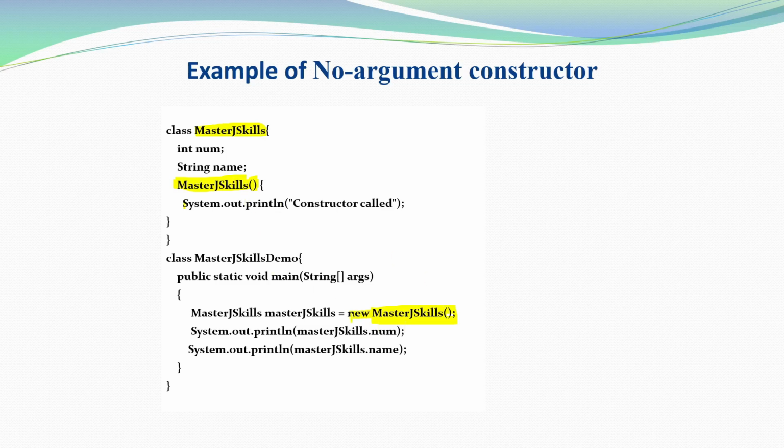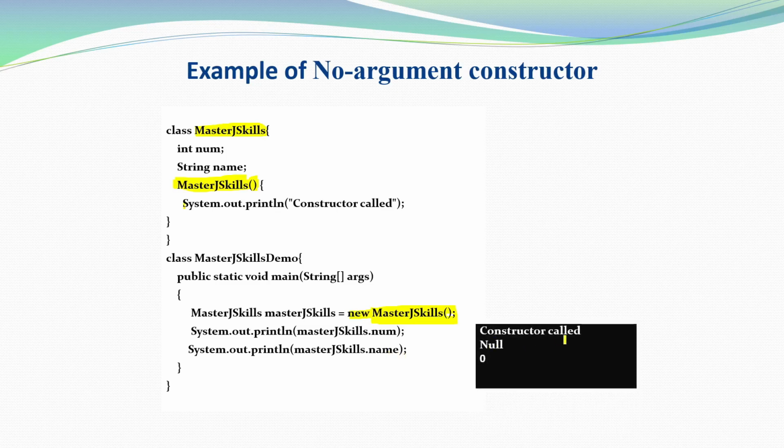So whenever we use the new keyword while creating an object of this class, the constructor is called. So it should print constructor called first, then I am printing the number and name. I'm not giving any values, so it should give default values, that is 0 and null. Let's see what the output is.